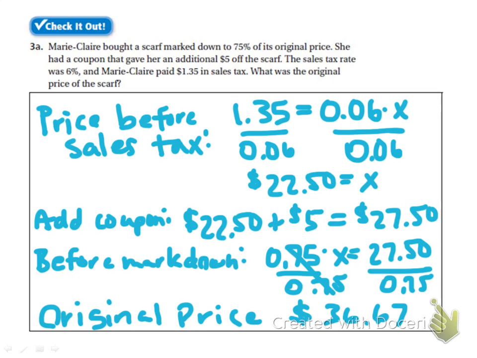So we found that before sales tax, it was $22.50. Adding the coupon was plus 5, so that's $27.50. And then with the markdown of 75% off the original price, we divided by 0.75 to find the original price was $36.67.